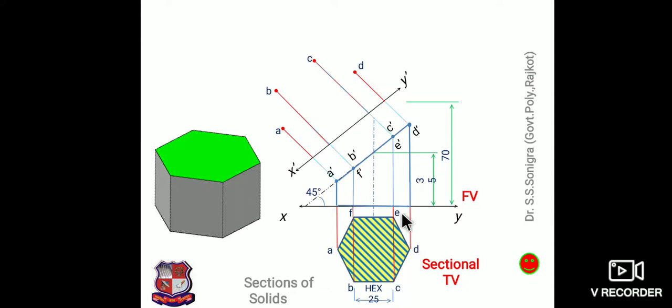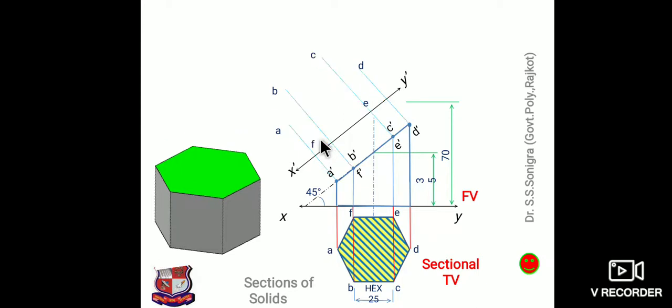Now how to locate point E? The same analogy is employed here. Measure the distance from the xy line to E and transfer it from the x dash y dash line. This is point E. For point F, measure this distance and put an arc here. This is point F.